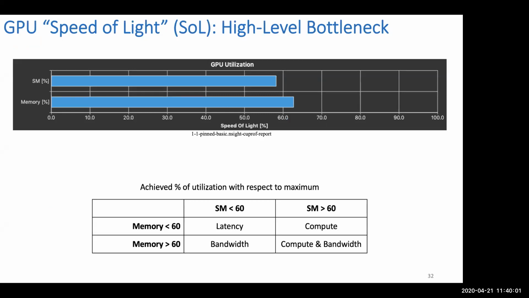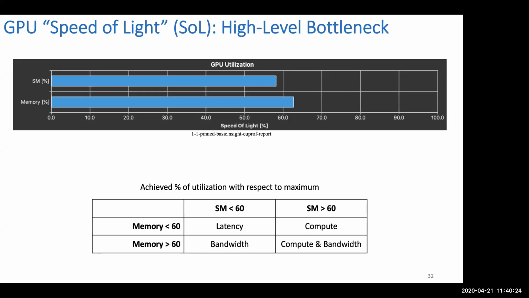So the first section that we'll be presented with, and typically the first section you want to look at, is what NVIDIA calls the speed of light, which you can use to determine what the high-level bottlenecks are. This speed of light number is basically an achieved percentage of utilization with respect to the theoretical maximum.